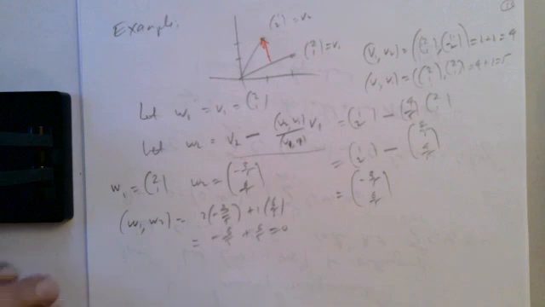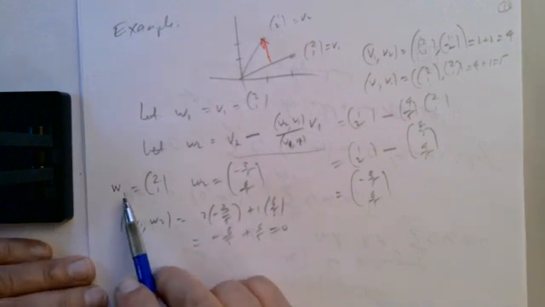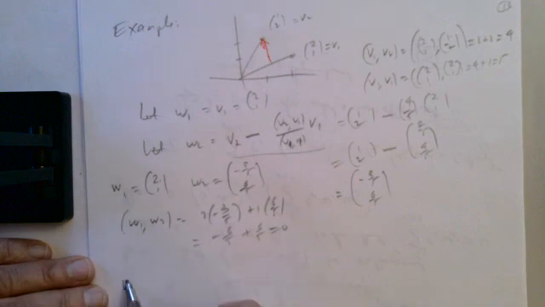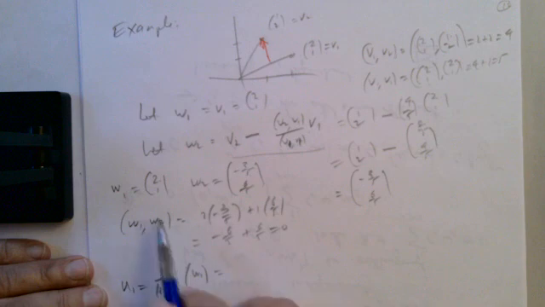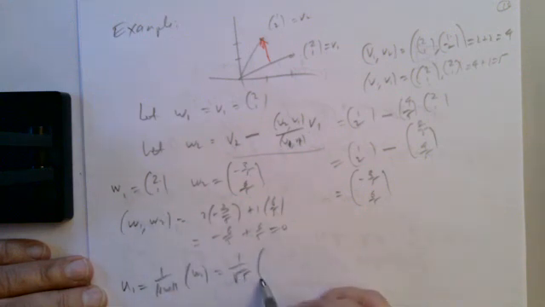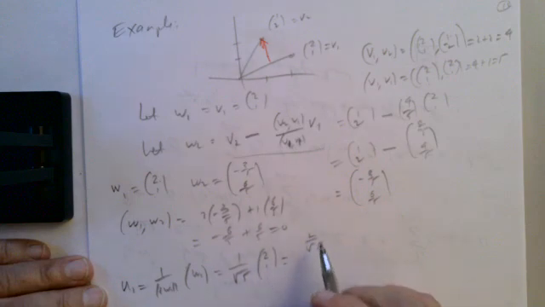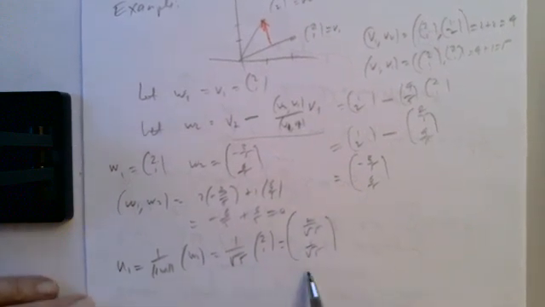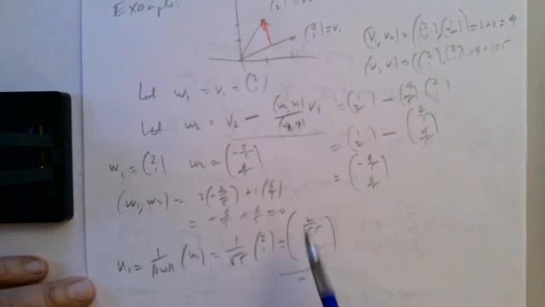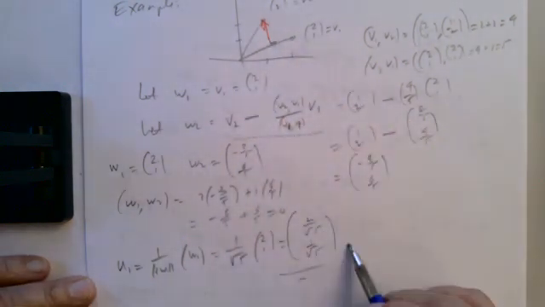Well, what's the unit vector computed from W1? The unit vector would be 1 over the length of W1 times the vector W1. The length of W1 is the square root of 5, times the vector 2, 1. So we get 2 over root 5 and 1 over root 5. So this is a unit vector in the direction of V1.